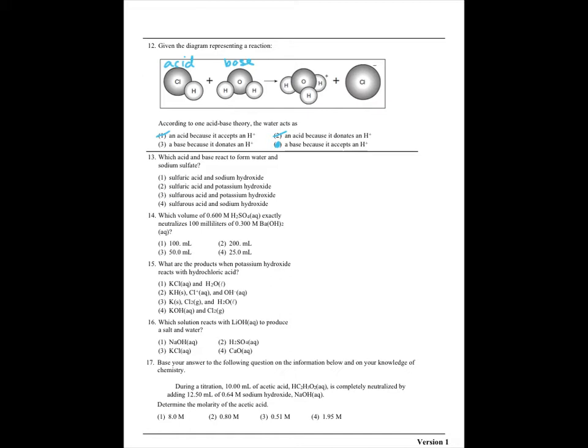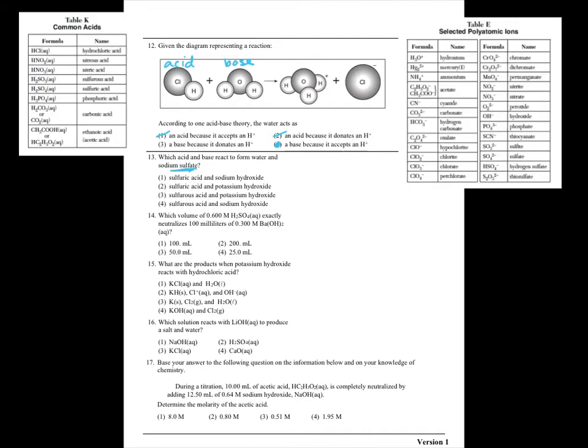Now number 13. Which acid and base react to form water and sodium sulfate? So if you don't know what sulfate is to begin with, look here, I just brought up table K and table E, because you can use both to help you answer this question. So what is sulfate? You're going to look at table E, the polyatomic ions. Sulfate refers to SO4. So you're going to need something that is SO4. And how will that help you here? Because that'll help you determine the difference between sulfuric and sulfurous. So SO4 makes sulfuric.